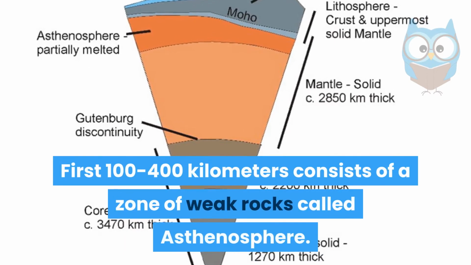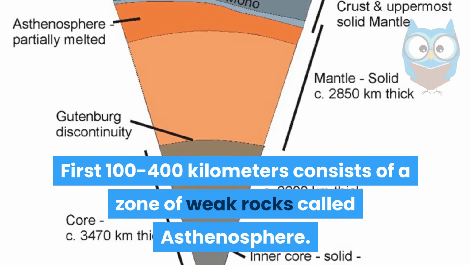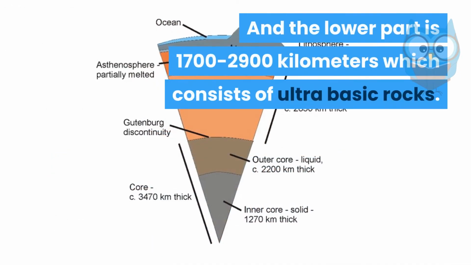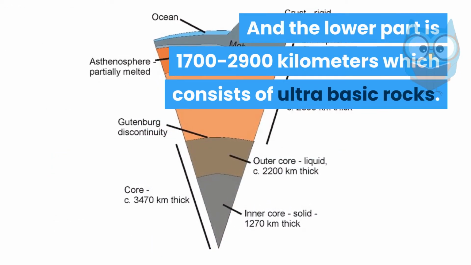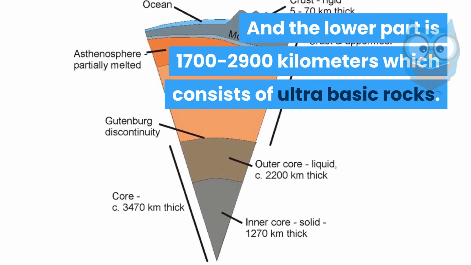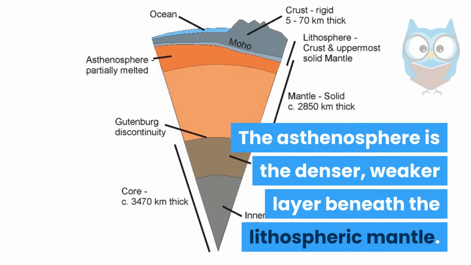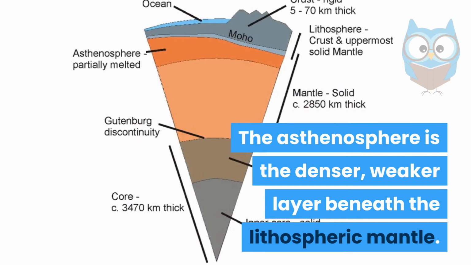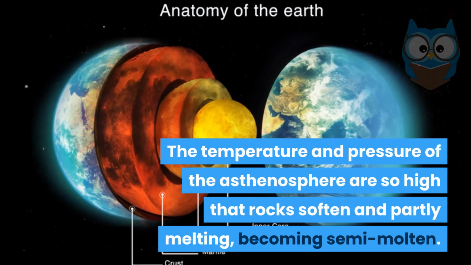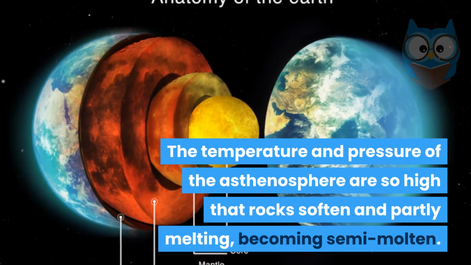The asthenosphere is the denser, weaker layer beneath the lithospheric mantle. The temperature and pressure of the asthenosphere are so high that rocks soften and partly melt, becoming semi-molten.